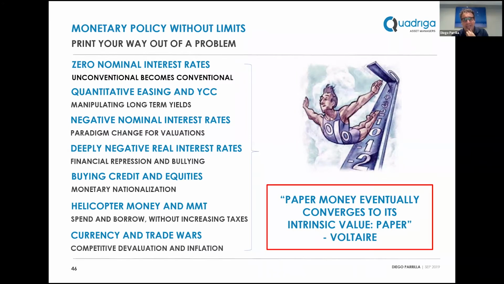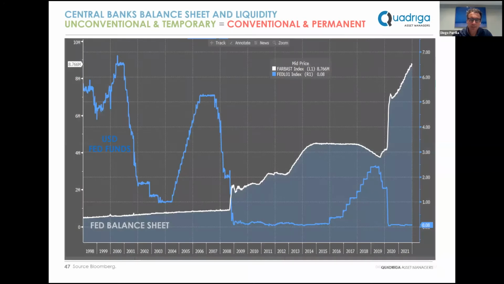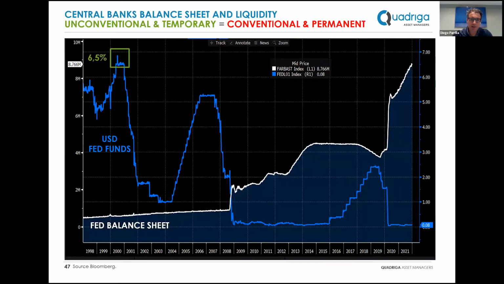paper. And I love this graph because it gives us a very clear picture of what's happening, giving you a perspective of interest rates, dollar interest rates in blue, short-term interest rates, Fed funds, versus the balance sheet. This is a history of the past 2 decades. Once upon a time, we had interest rates at 6.5%.